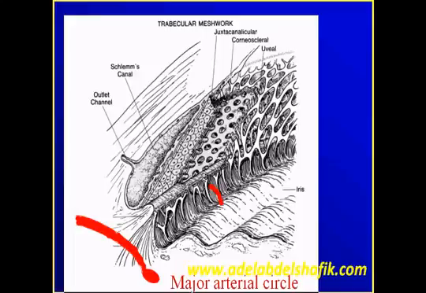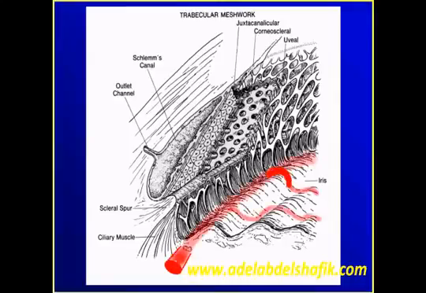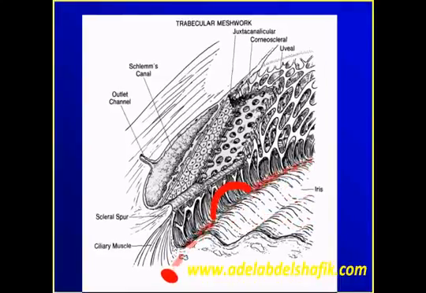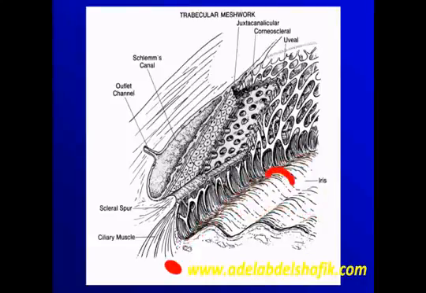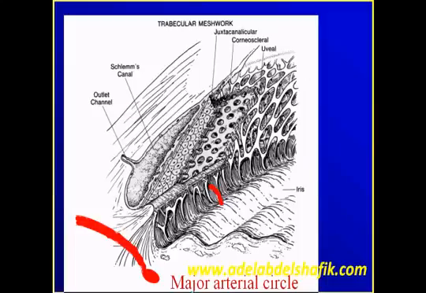One major vessel coming through the sclera toward the ciliary body, not branching, running radially. So these are the 3 possibilities of seeing a normal vessel in the angle: part of the major arterial circle, or one of the radial vessels of the iris, or the anterior ciliary is forwardly displaced.